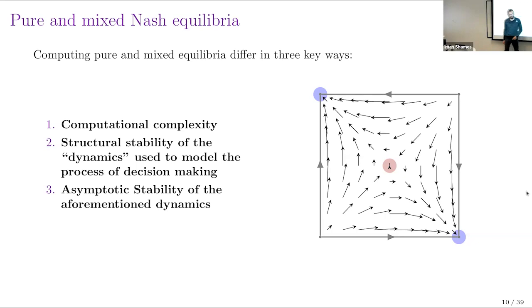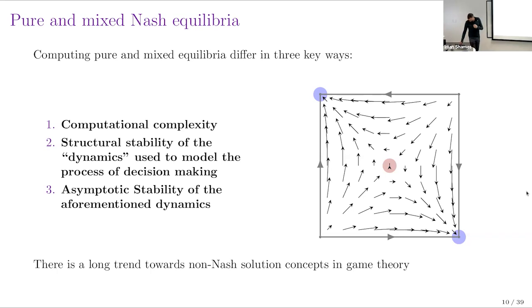And there is an unstable equilibrium smack in the middle, which corresponds to the mixed Nash equilibrium. And because it is really unstable, the sort of dynamics that we use to do the computations will never converge. So maybe there is a tendency towards having non-Nash solutions to games that are amenable to computation and still capture the idea behind it.